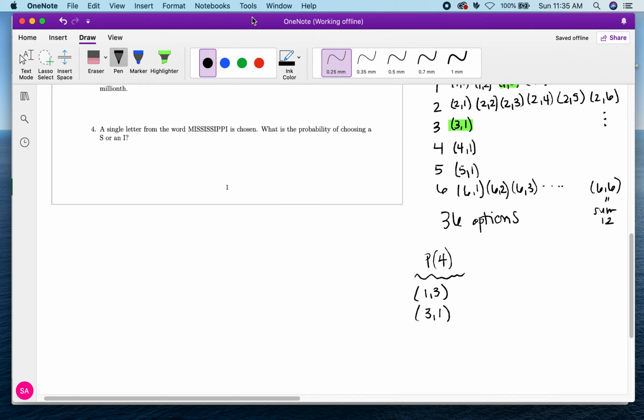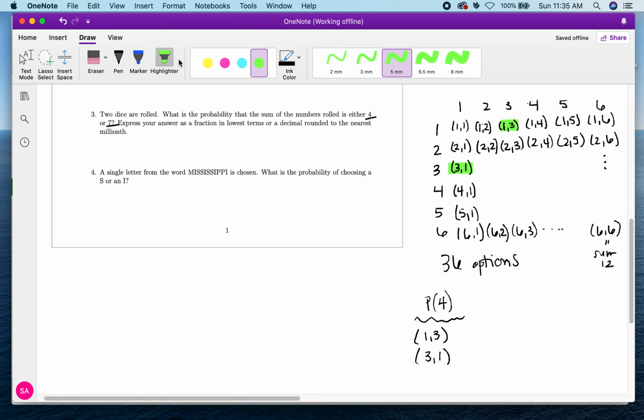There's one more option, right? We could also roll a 2 and a 2, where they're both 2. Now that one we only have to count one time. If the numbers match, if they're the same, you only count that once. We don't write that a second time. You can see up here, here's a 1 1.